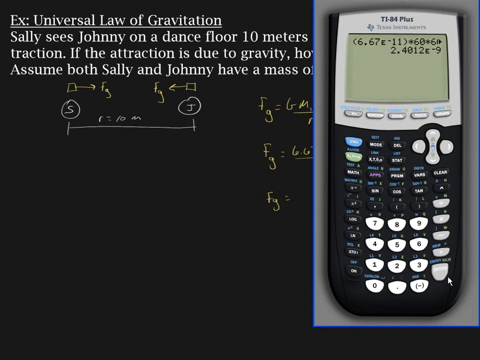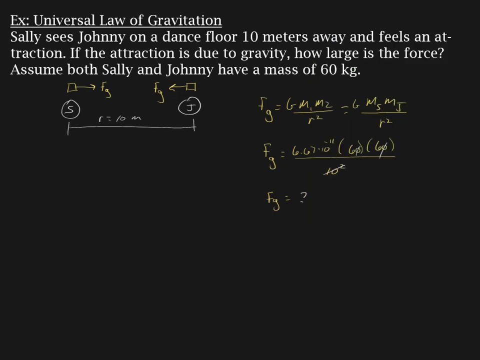And that's going to give us 2.4 times 10 to the minus 9. So that's 2.4 times 10 to the minus 9 newtons, or 2.4 nanonewtons. So this is an extremely small force that is there, and this is not a force that they are capable of feeling. Our bodies just can't register a force of that size.